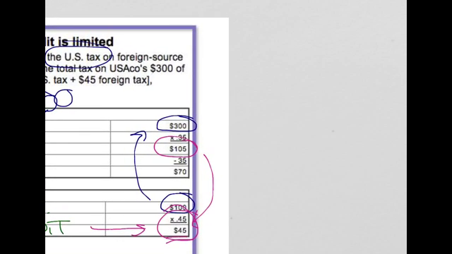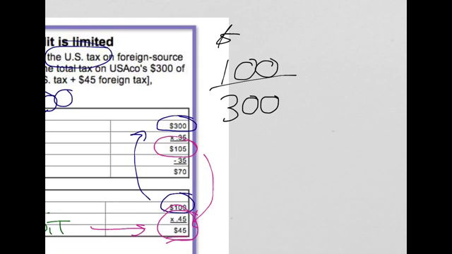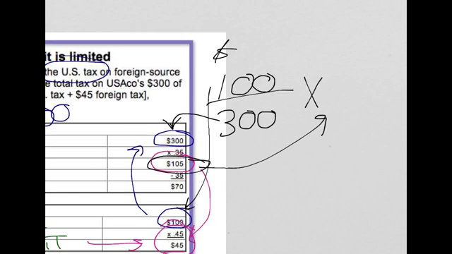However, now we've got to look at the formula for the foreign tax credit limit back to the U.S. And how is that going to work? So let's see what the formula is. $100 is the foreign source income over the total income, which is $300. Again, here's the foreign source income here, and here's the total income here. That fraction is multiplied by the total amount of tax at the U.S. level, or 105.